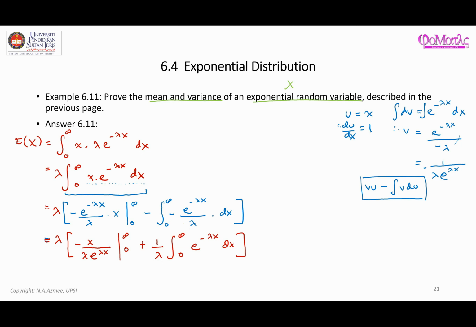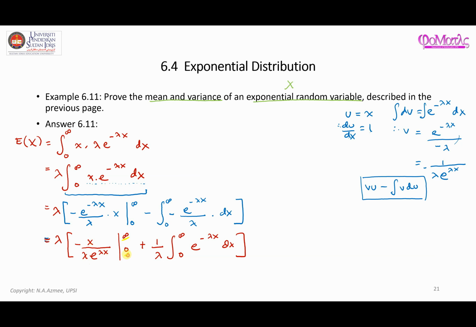Well, now what we can have is, if you substitute infinity into this part here, you will see that the denominator is going to get pretty large pretty soon compared to the numerator. So when you have a situation where a small value is divided by a big value, the result is going to be equal to 0.